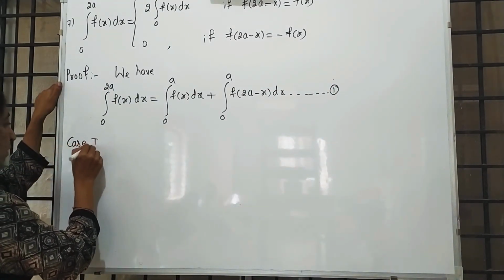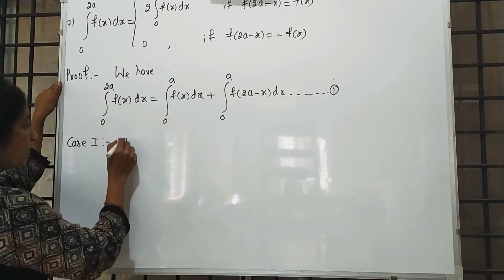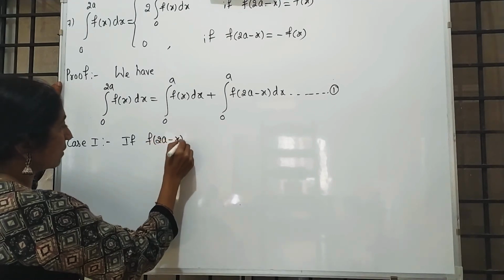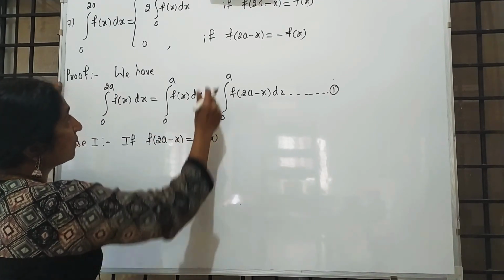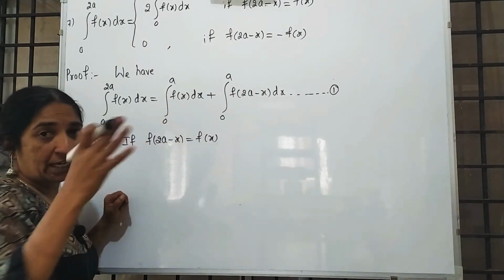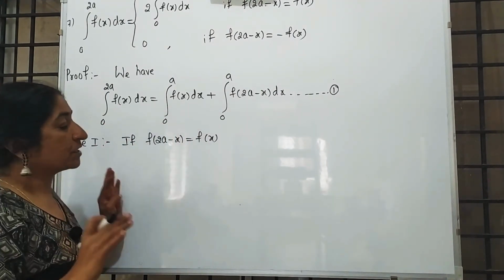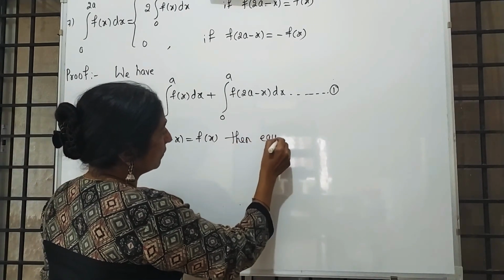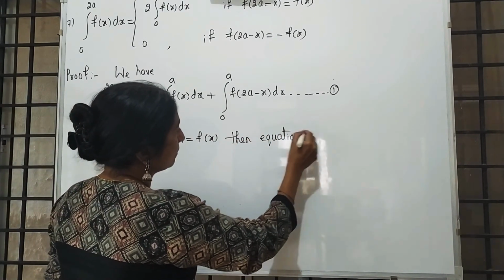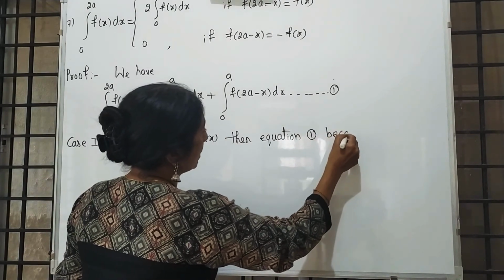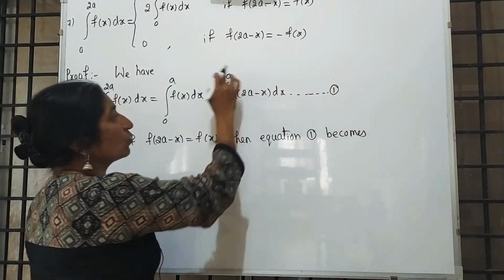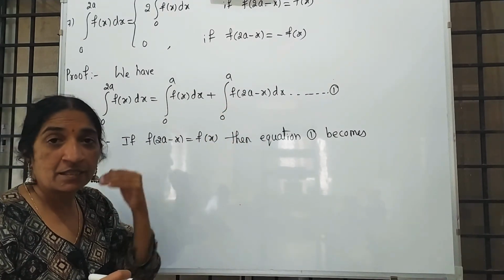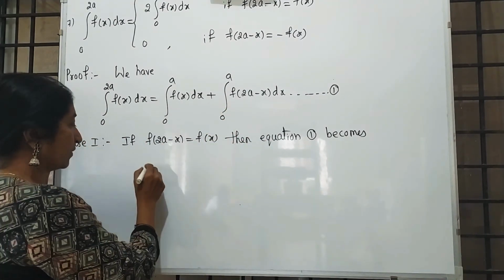Now case 1, the condition is given. What is the condition? If f of 2a minus x is equal to f of x. This condition we are using. We are not creating it anywhere. It is given in the statement itself. Then equation 1 becomes: f of 2a minus x is replaced by f of x.